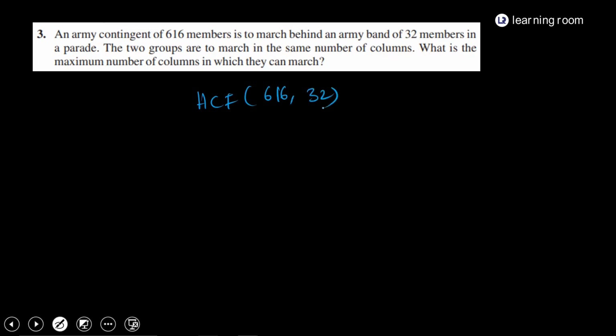Anirudh, can you please tell me the quotient this time? 616 is equal to 32. What is the quotient? The quotient is 19. Remainder is 8. Quotient is 19 or 18? 19. Remainder is 8.